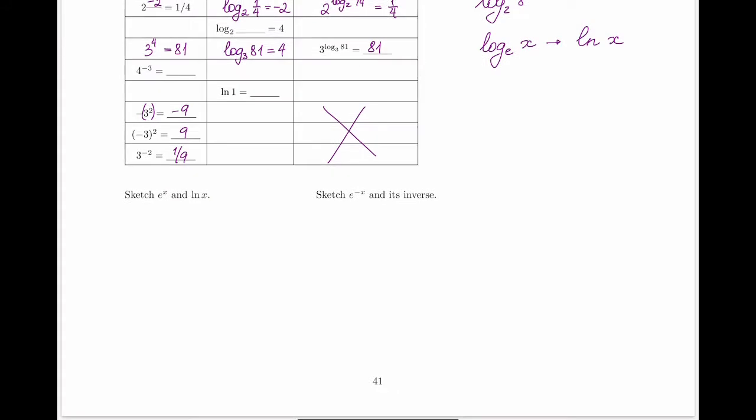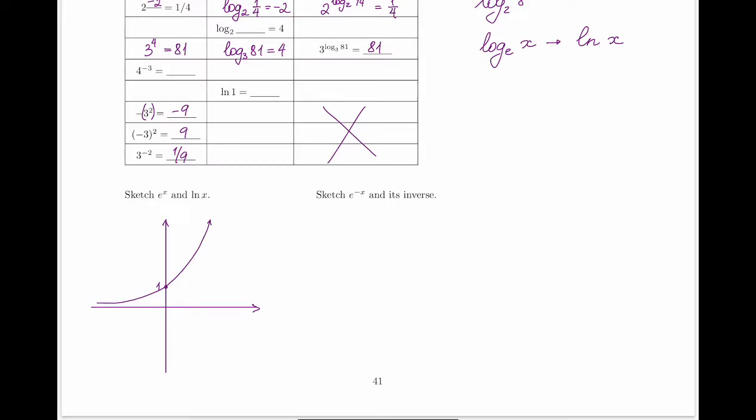Taking a look at the sketching of the logarithmic functions, what we will use heavily is the fact that it is the inverse of an exponential, and we know how to draw inverses. So we will start with the graph of the original function, which is in this case e to the x. Now I know it's going to go through 1 as the y-intercept, and it's going to be a growing, increasing exponential function.